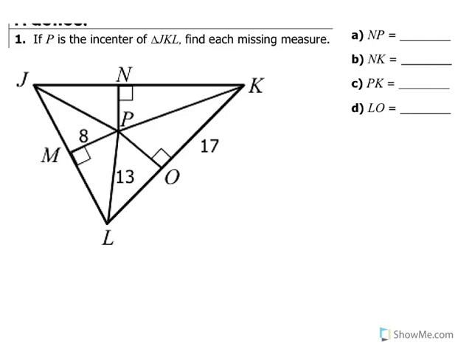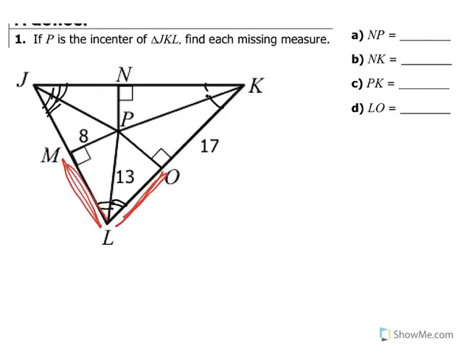So we're going to look at the first example in your notes. We have an incenter in triangle JKL, and we're trying to find a few different lengths. So remember, the incenter is where the angle bisectors meet. That means all of these angles are cut in half. And then the sides that are meeting at the corners are the ones that are congruent here.